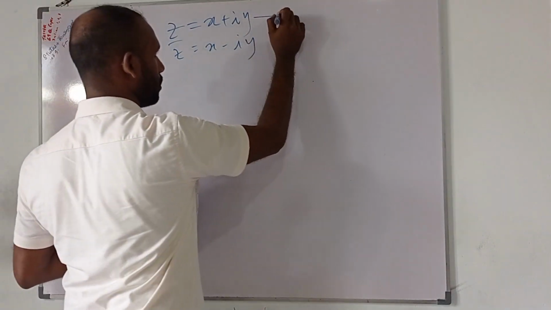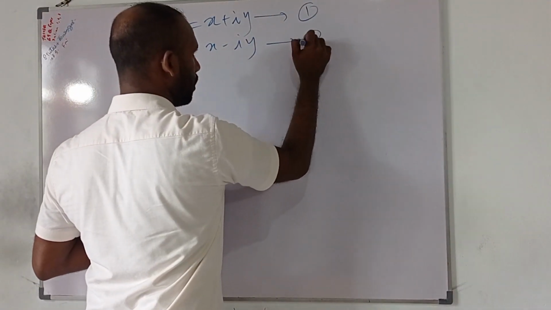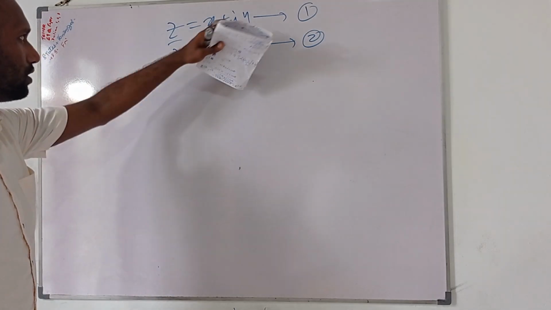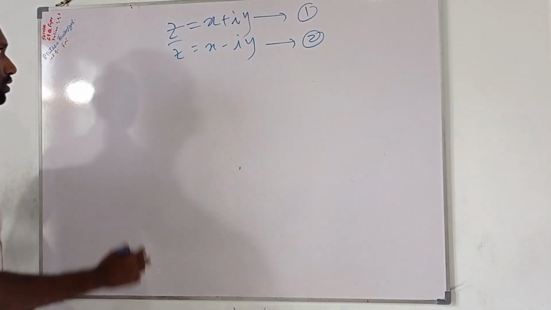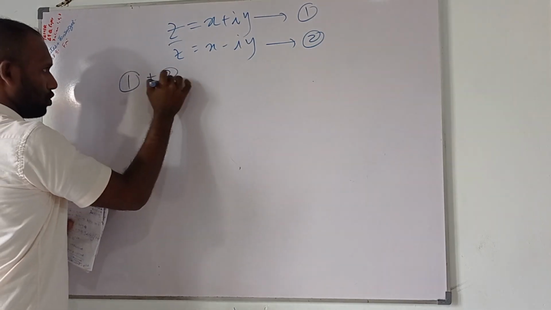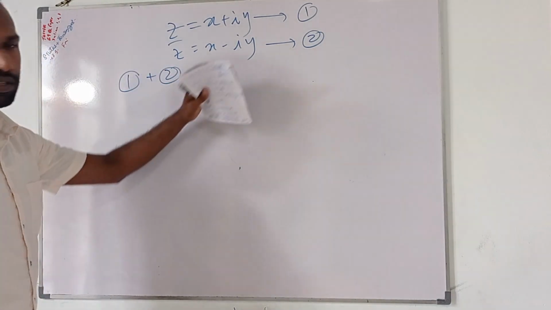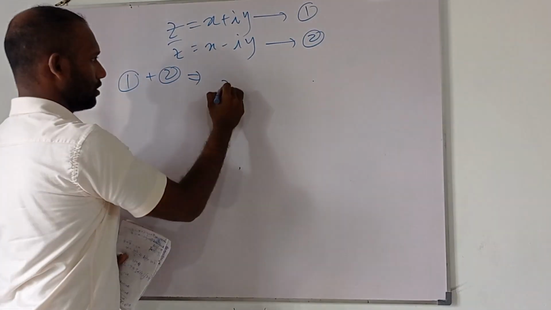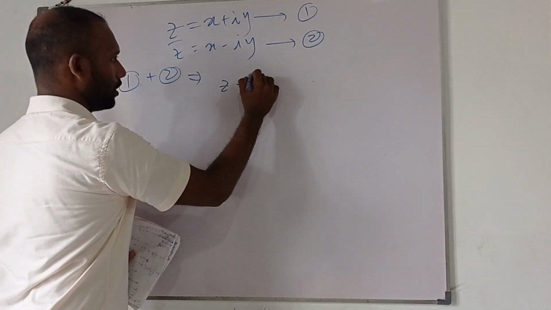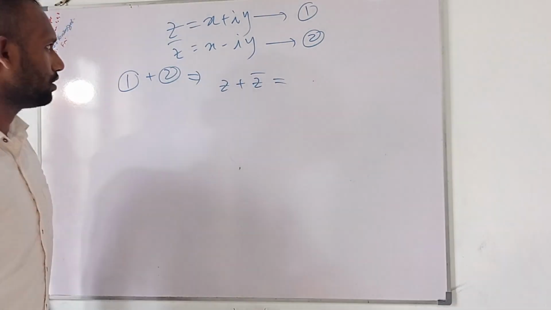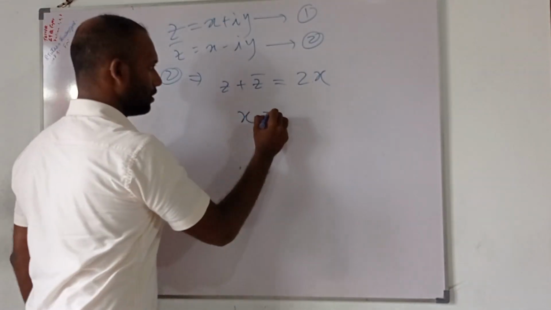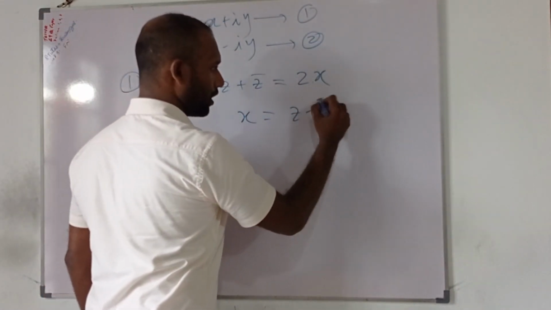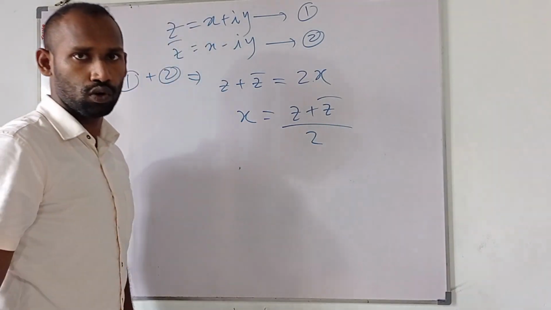So I take this as 1 and this as 2. 1 plus 2 implies z plus z bar equals 2x, so x equals z plus z bar over 2.